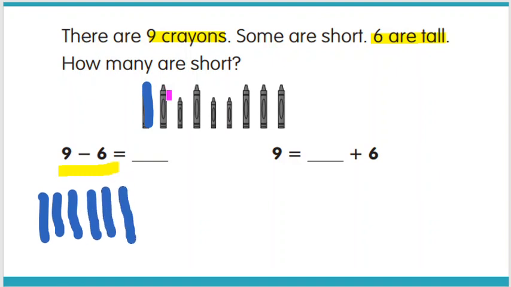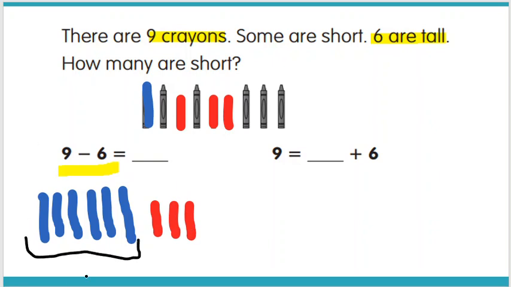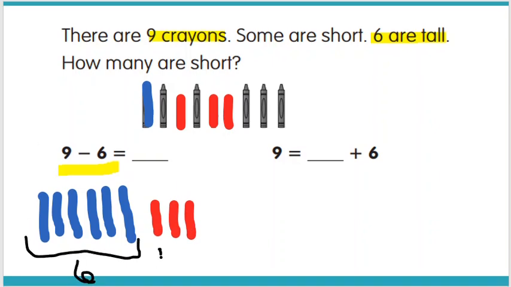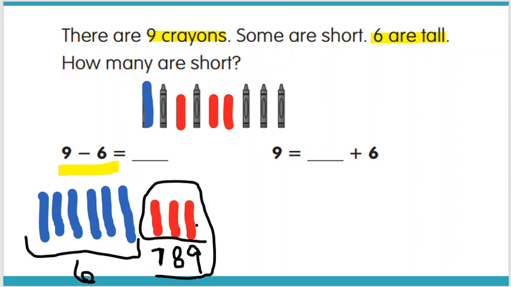Now I'm going to draw red crayons for small. So the small there, I can see there's 1, 2, 3. So there were 6 here, then 7, 8, 9. So if I look at that, I can see right here, this is a group of 3.